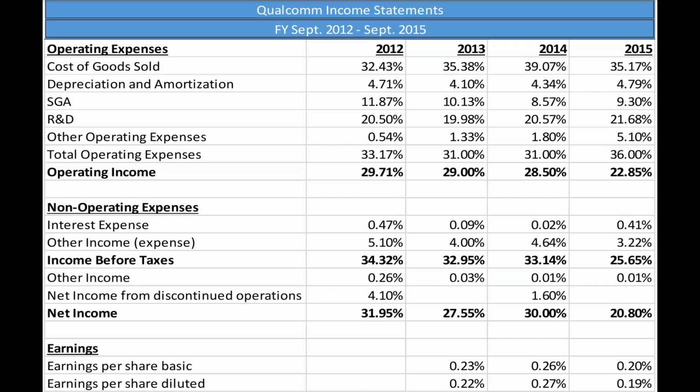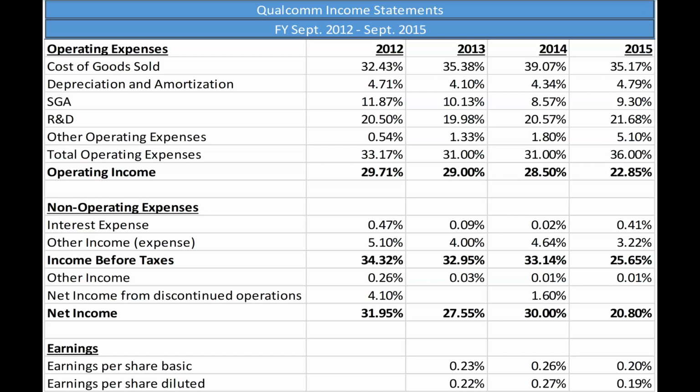So basically, common size analysis is a method for determining line items in the financials as a relationship or as a percentage of one specific item in that financial statement.